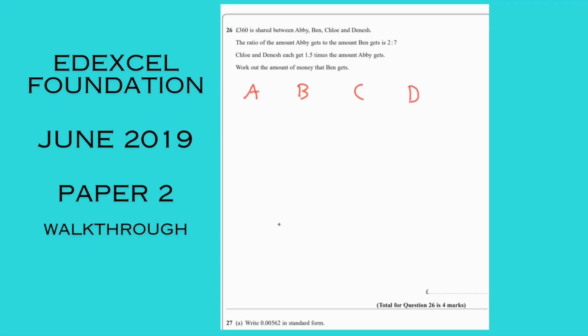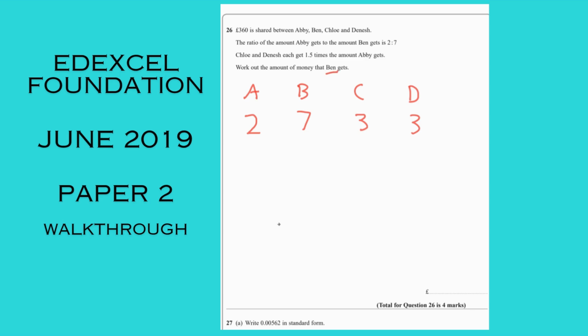And Abby and Ben are in the ratio of 2 to 7. Now Chloe and Dinesh get 1.5 times the 2, so 2 by 1.5. Basically, it's a 3 each. Well, we're pretty much there. It's now a standard ratio question.